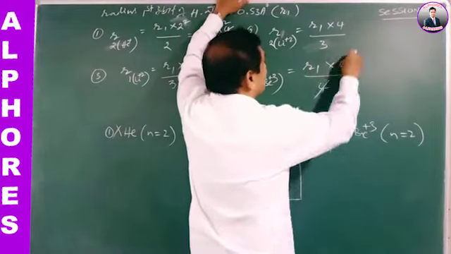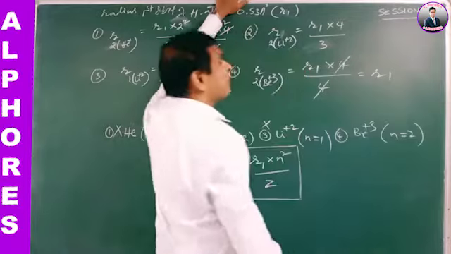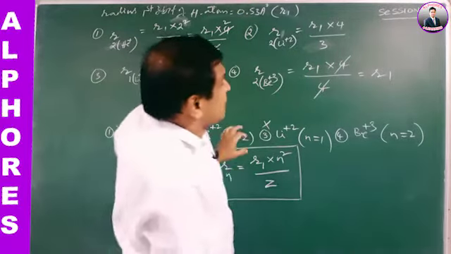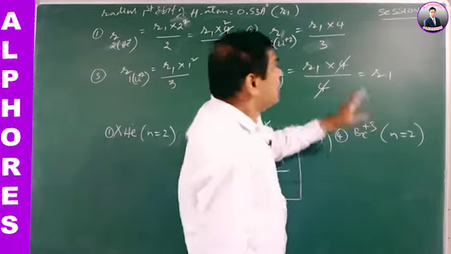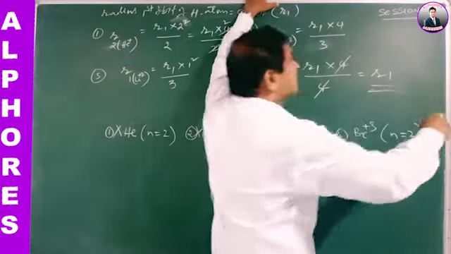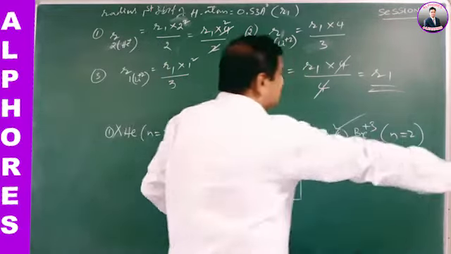Yes, 4 cancelled. Yes, that is equal to R1 of hydrogen. That means the radius of the second orbit of beryllium plus 3 ion is equal to the radius of the first orbit of hydrogen atom. Therefore, our fourth option is right.